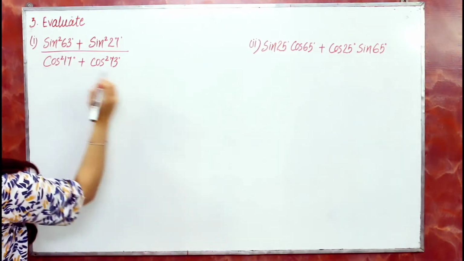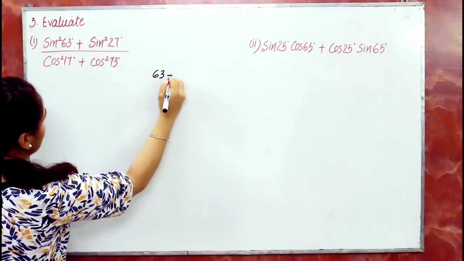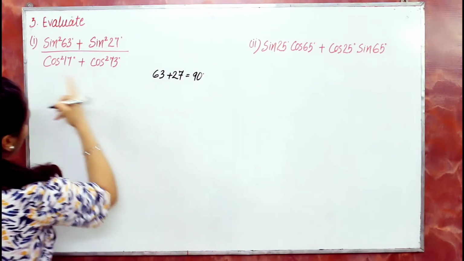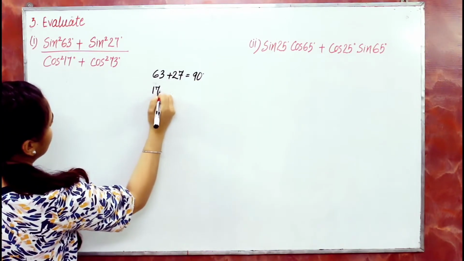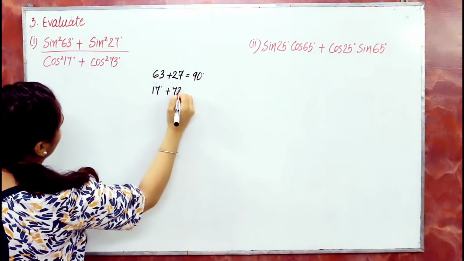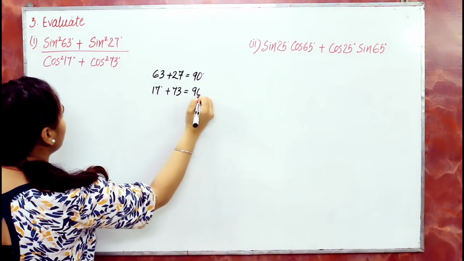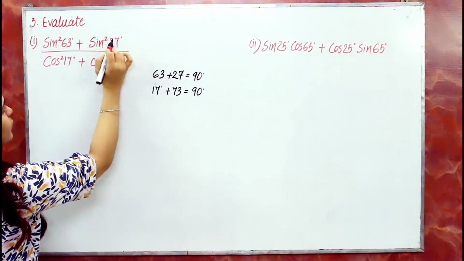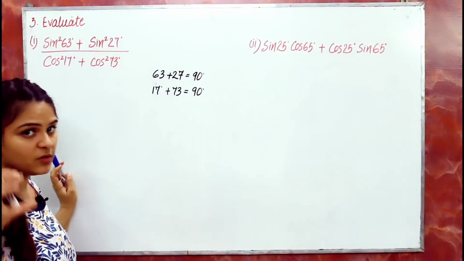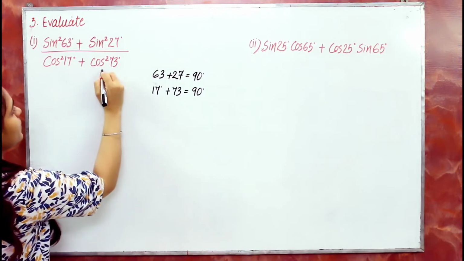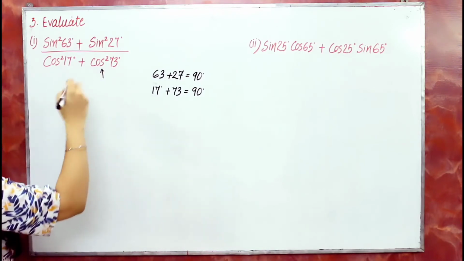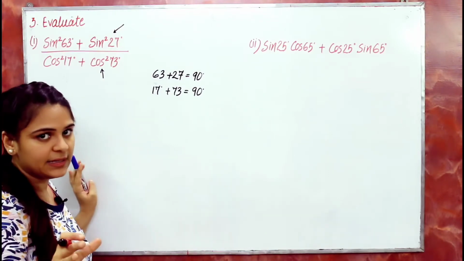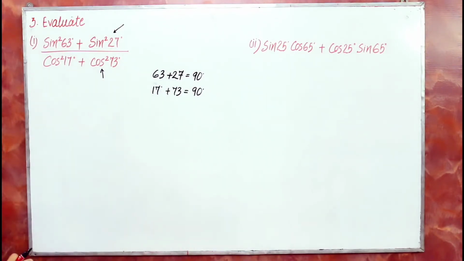Students, you can see that 63 and 27 are complementary angles, whereas 17 and 73 are also complementary angles. If we convert this sin square 27 in the form of cos and this cos square 73 in the term of sine, then by using trigonometric identity we can solve this question.